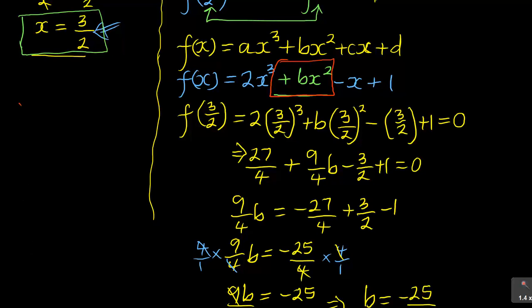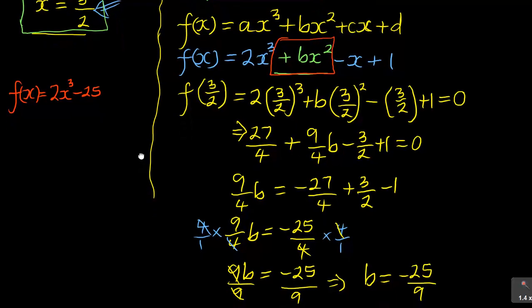It will be f of x is equal to 2x cubed, minus 25/9 x squared, and then minus x plus 1.